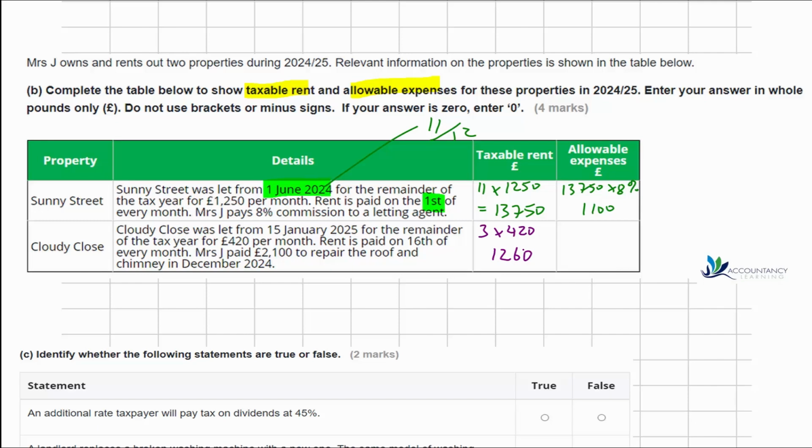And we're also told that Mr. J paid 210 to repair the roof, so the word repair is significant because if it were a capital item, then that wouldn't be an expense. But repairing is okay. So repairing the roof and chimney, so that's going to be a full 2,100 as an allowable expense.